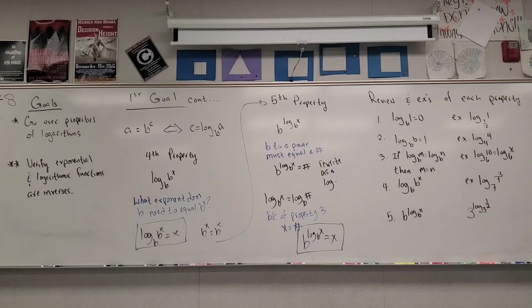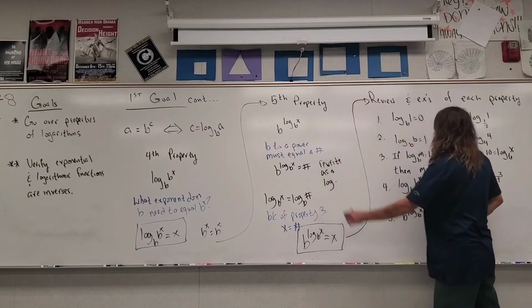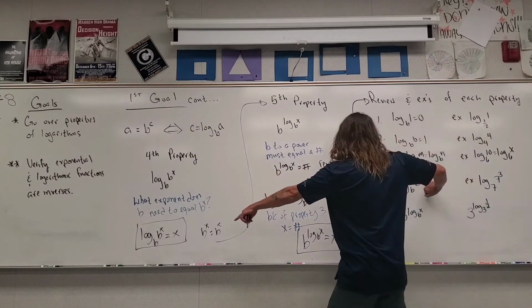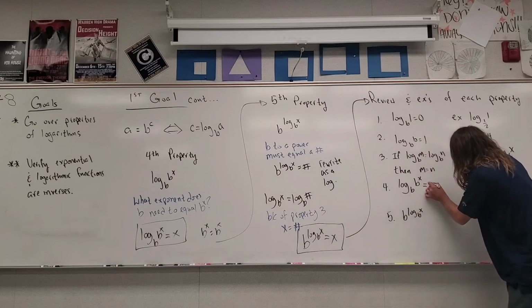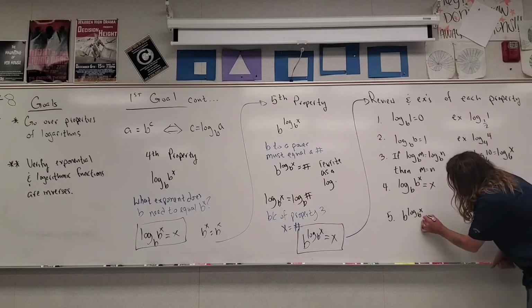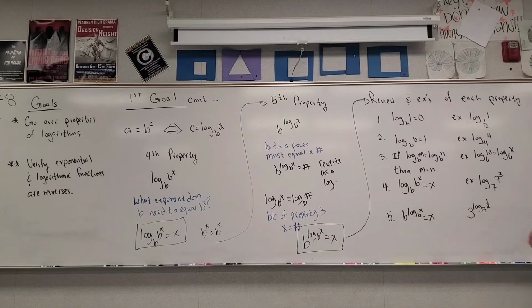And so now let's move on to a review and examples of each property. Log base b of b to the x must be equal to x, and b to the power log base b of x must also equal x. All right, so I have an example of each one.